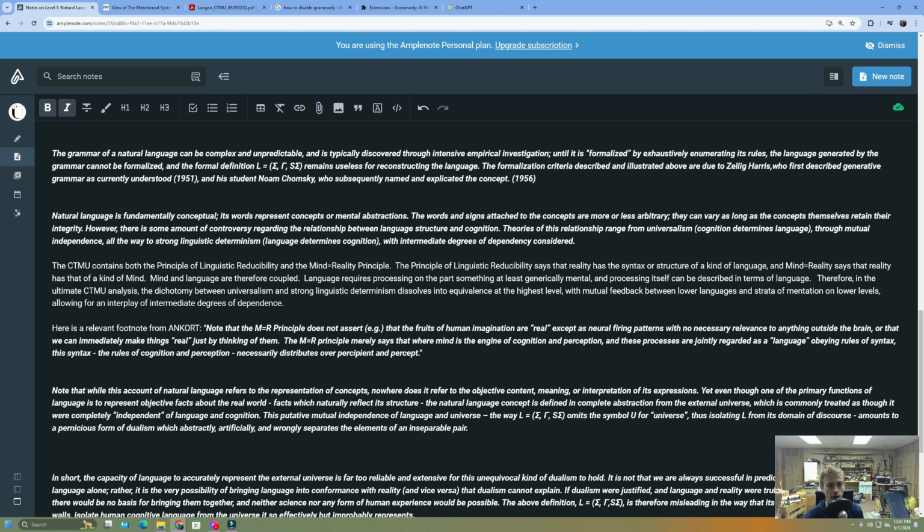It's basically just inheriting the structure of the cognition. Whereas linguistic determinism says that the structure of the language that is being spoken determines the structure of the cognition of the language user.